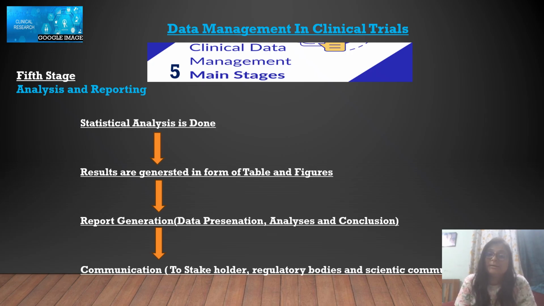That's why expert persons are required to maintain this data, because if there is any error or mistake in the handling of data management, then the result of the whole clinical trial will not be right. So data management is a very important aspect in the field of clinical research, especially for clinical trials.